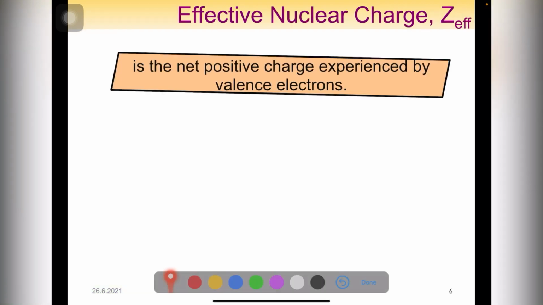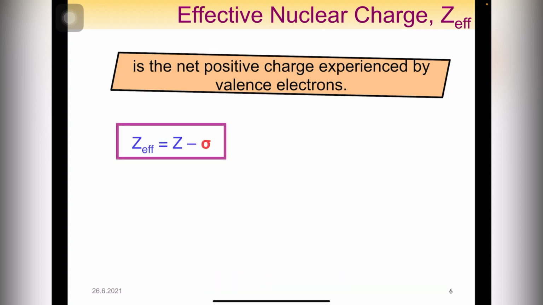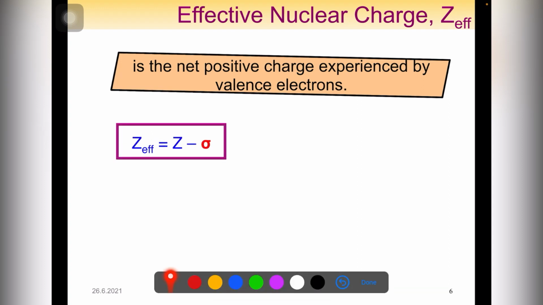Effective nuclear charge. What is the effective nuclear charge? It is the net positive charge experienced by the valence electrons. There are calculations for the effective nuclear charge, but you don't need to calculate it; I'm just showing you how to get it by calculation.